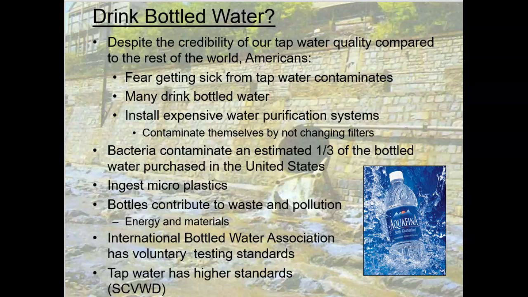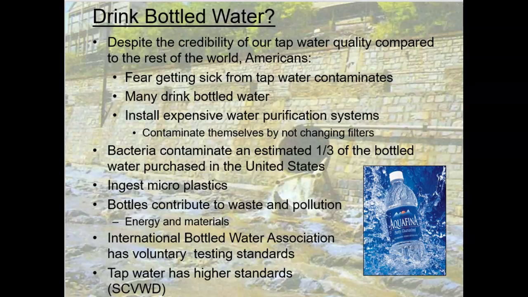But then the problem with water purification systems in your home, such as the Pur water filter, is that if you don't replace the filters, you actually concentrate the pollutants in the filter mechanism, which is basically ground up charcoal or carbon, coal, essentially.